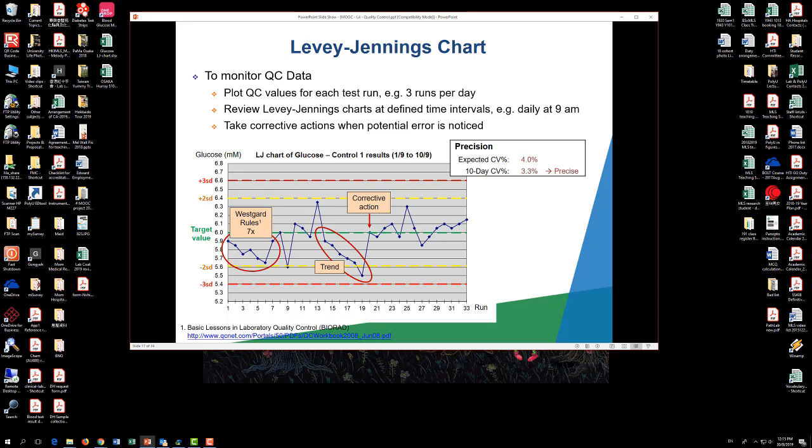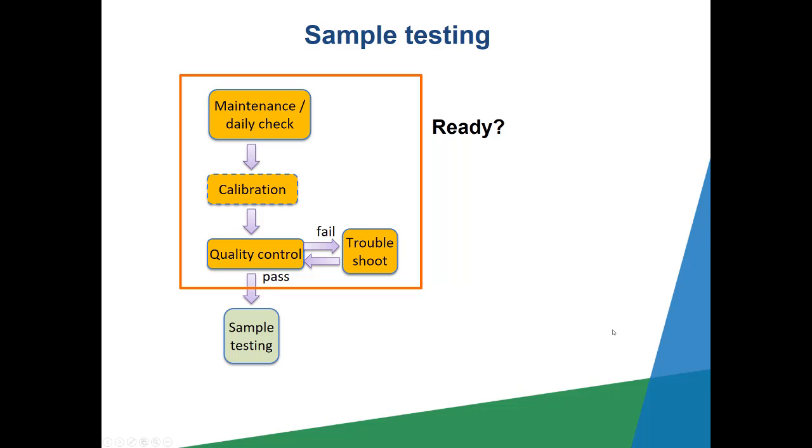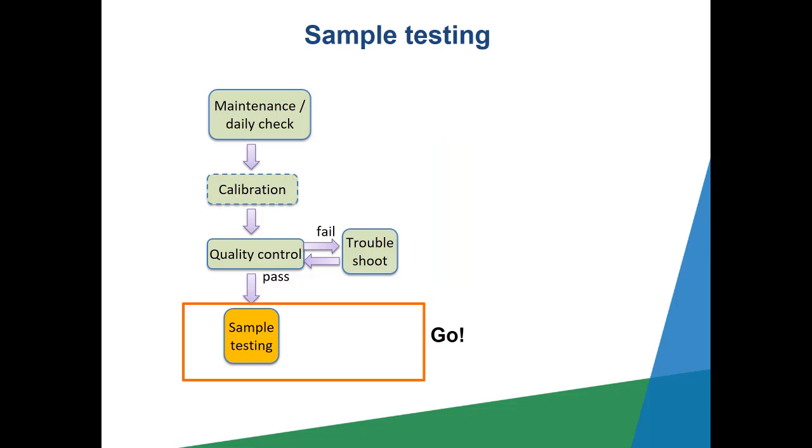For example, in this case, the 10-day CV percentage is 3.3%, which is quite near to the expected CV percentage. So the overall performance of the assay is precise. So now, when maintenance, calibration, and quality controls are all ready, we can proceed to sample testing.